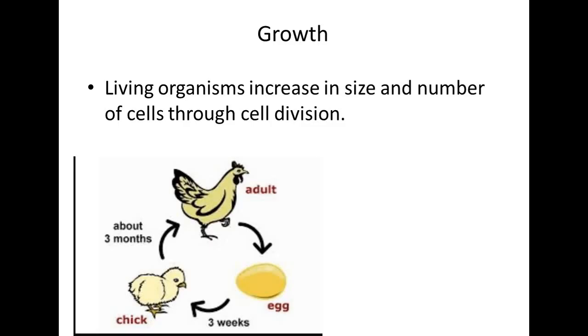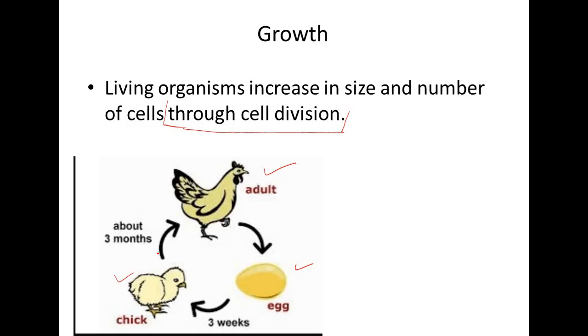Next character is growth. Living organisms increase in size and number of cells through cell division, okay. This is called growth. Through the cell division process, growth occurs. You can see this is the adult hen lays eggs. From eggs, after 2 weeks, a chick arises. The chick becomes an adult hen by the process of cell division.